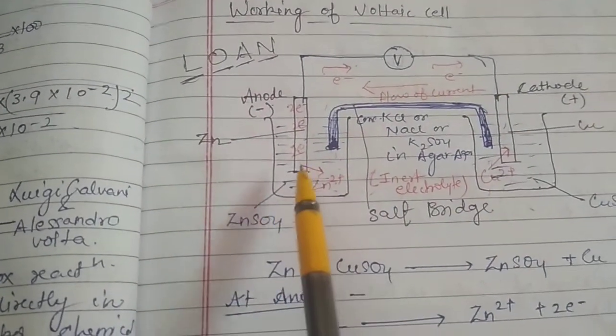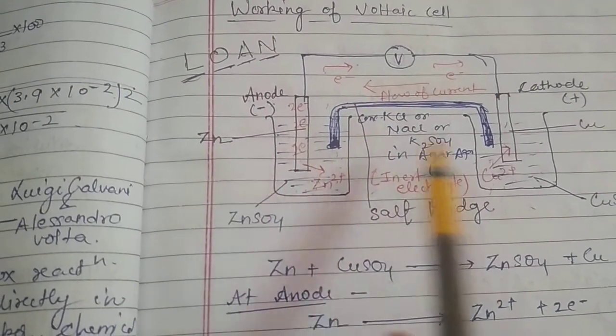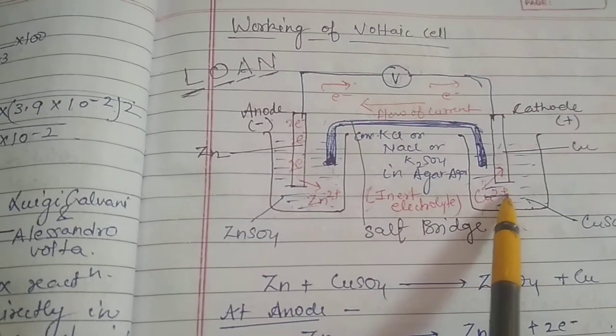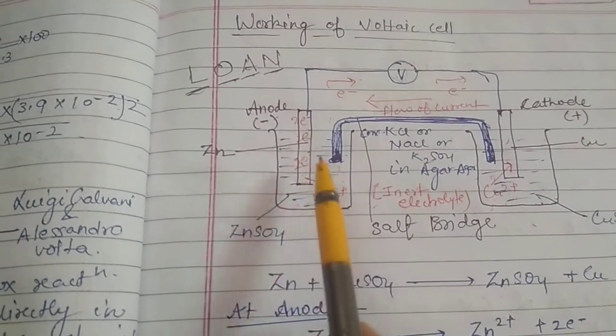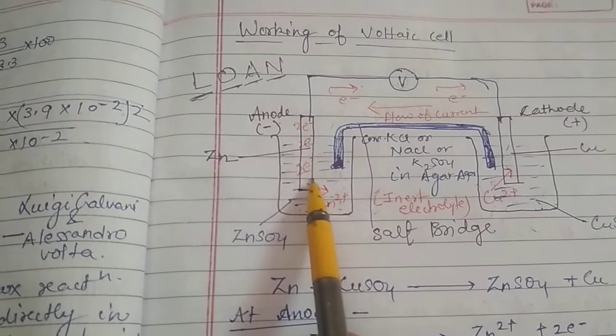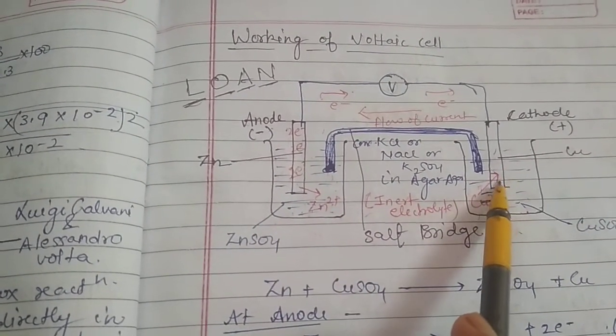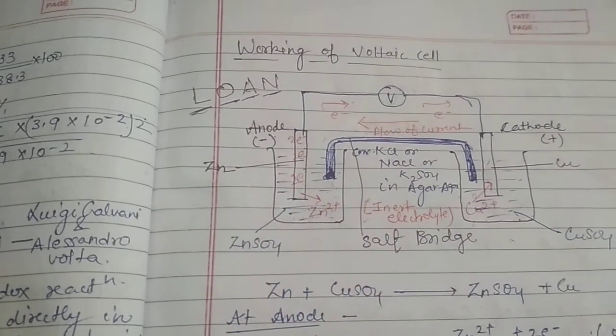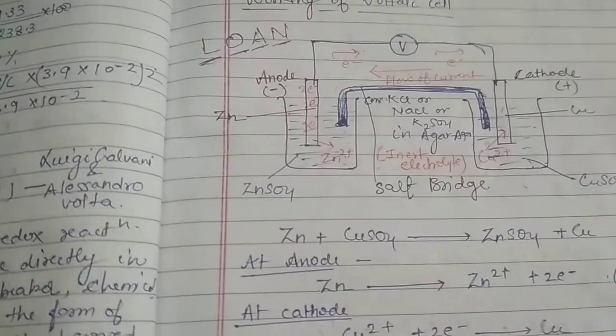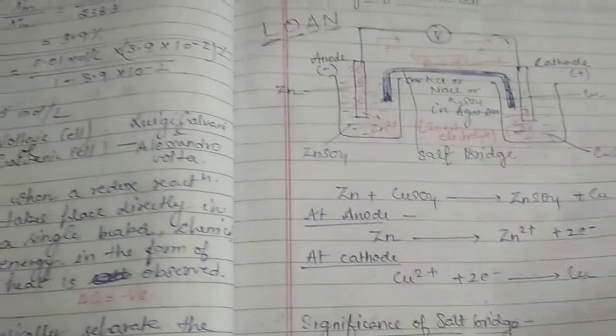We have seen that the concentration of zinc sulfate would increase and the concentration of copper sulfate would decrease, and the weight of the zinc rod would decrease and the weight of the copper rod would increase.